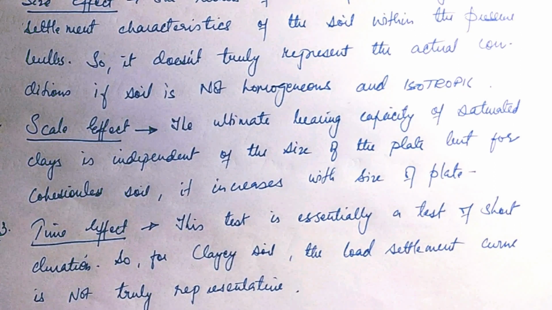Now, there is scale effect. Scale effect means the ultimate bearing capacity of saturated clays is independent of the size of the plate, but for cohesionless soil, it increases with size of the plate, and this increase is not taken care of in the plate load test.